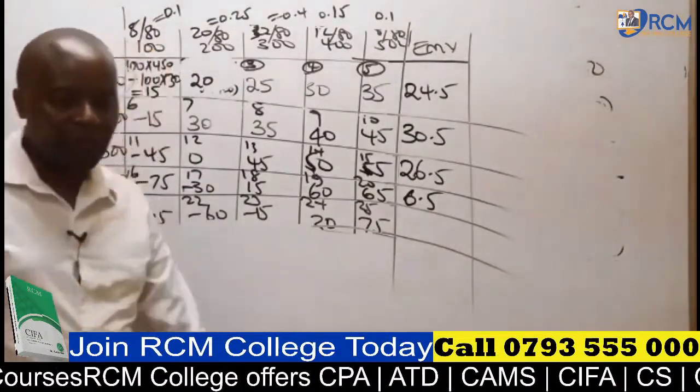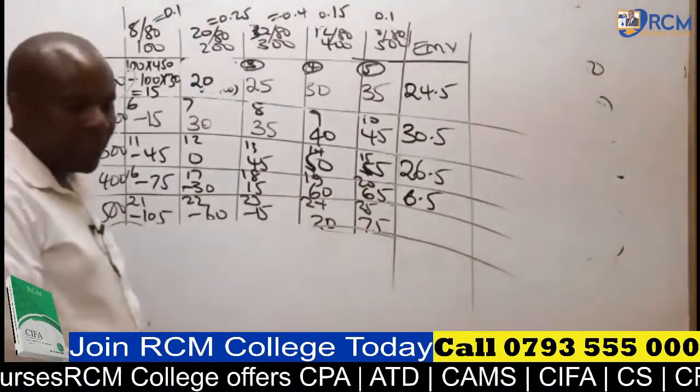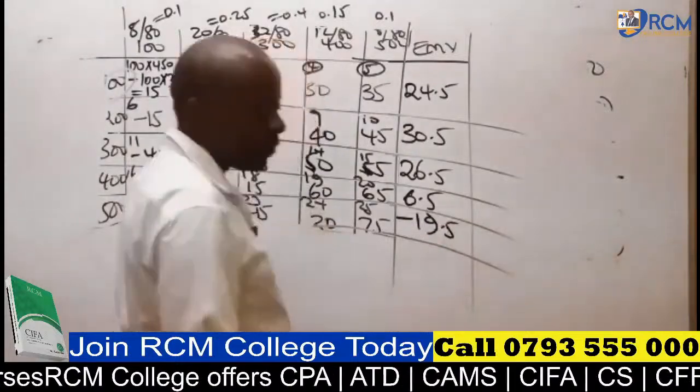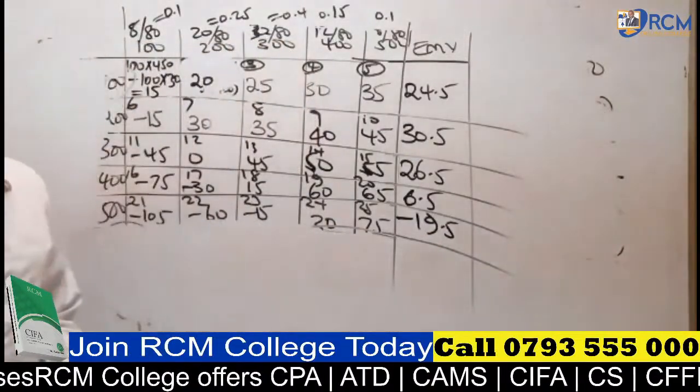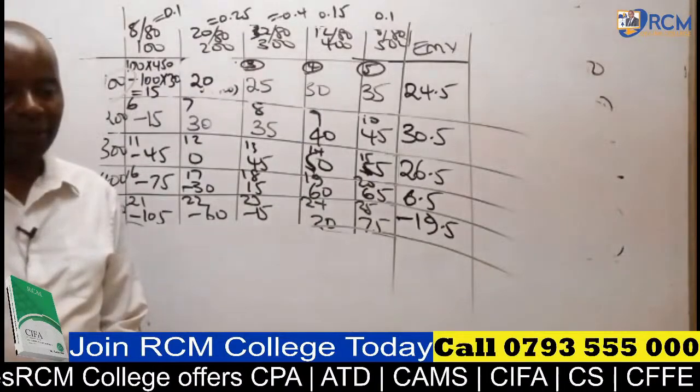Was 6.5 the last one? No, Lokai tells me that the last one is supposed to be negative 19.5. Is that the case?